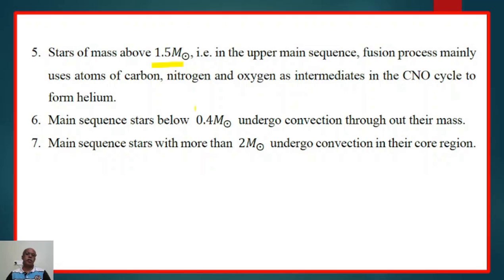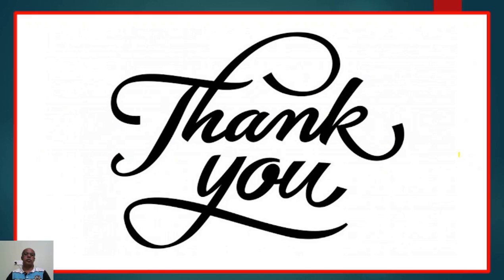Main sequence stars below 0.4 times the solar mass undergo convection throughout their mass, and main sequence stars with mass more than 2 times the solar mass undergo convection only in their core. This is about the characteristics of main sequence stars. Thank you.